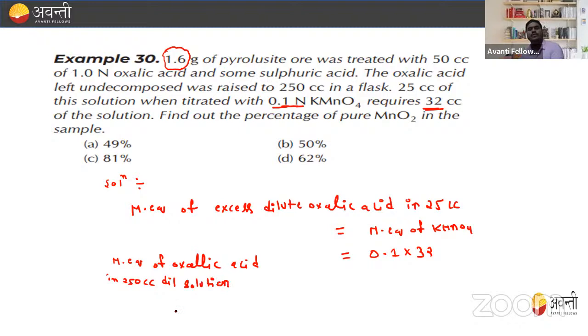So the molar equivalent of oxalic acid in 250 cc dilute solution is equal to 32, right? I hope this is clear to you. This is equal to 32. Now, let's see the next page.